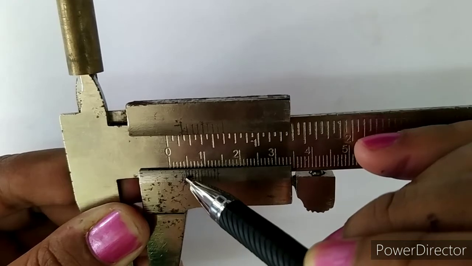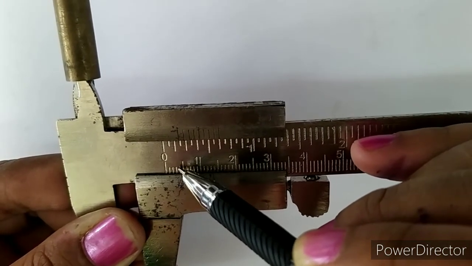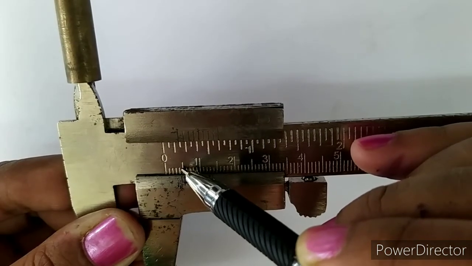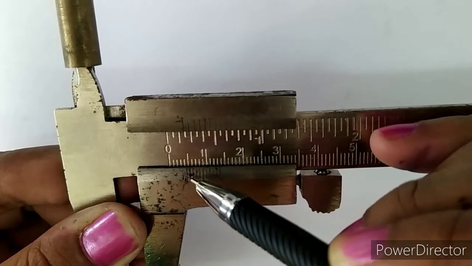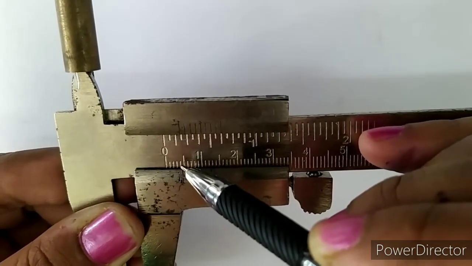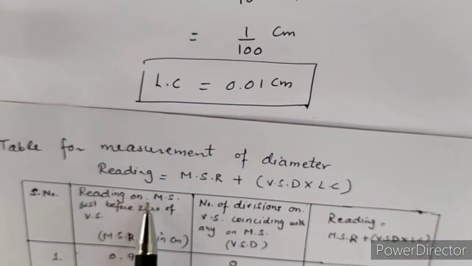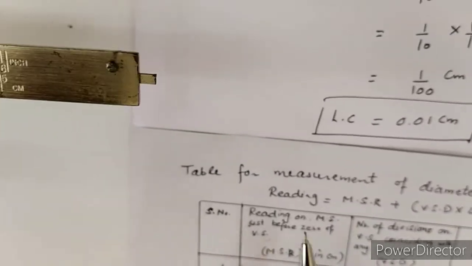It is clear here that the vernier scale is lying between these two main scale divisions. So we are not sure which value of main scale to take. So in the formula, the reading on main scale just before 0 of vernier scale.